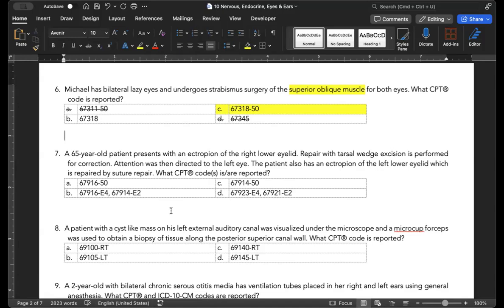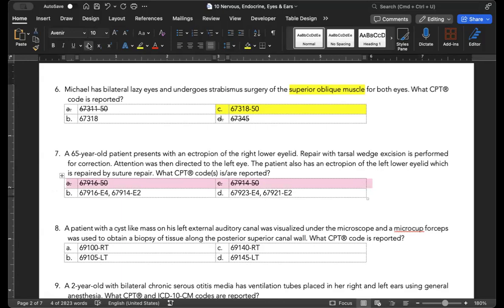A and C. Why are we ruling out A and C? Because I'm looking at the modifier E4 for the lower eyelid. Yep. When we're talking about eyelids, we want to make sure we're using the E modifiers.